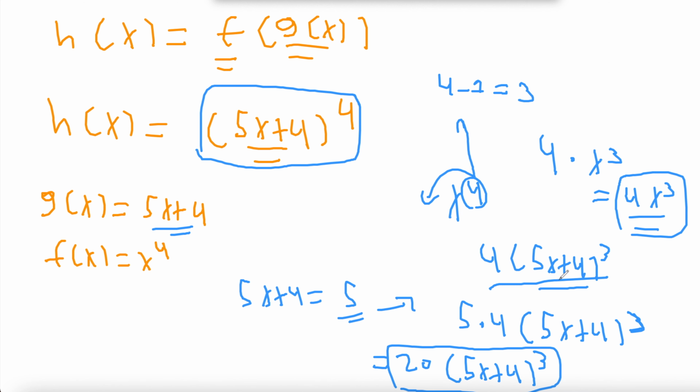And then after that, we took the derivative of our inner function, 5x plus 4, which gave us 5 as a result. Then we took 5 times the substitution inside our outer function's derivative, 5 times 4, 5x plus 4 cubed. And then we simplified and got 20 times 5x plus 4 cubed as our final answer.